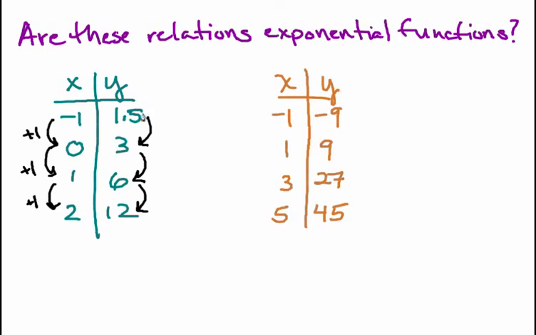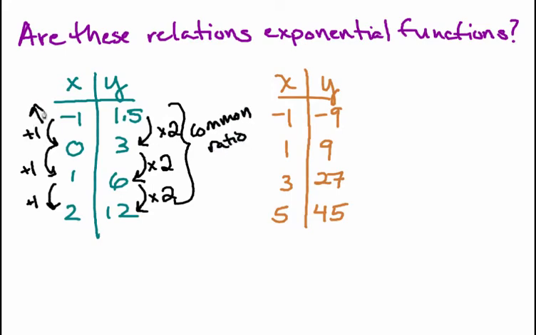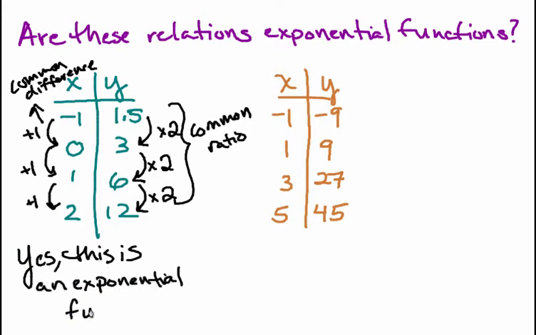Well, 1.5, to get up to 3 would have to be multiplied by 2 because 1.5 is half of 3. So 1.5 times 2 gets us to 3. 3 times 2 gets us to 6, and 6 times 2 is 12. So there is what we call a common ratio corresponding with a common difference on the left. So yes, this is an exponential function.